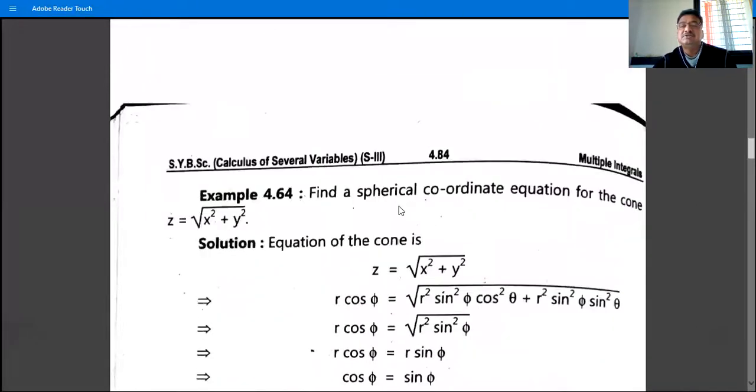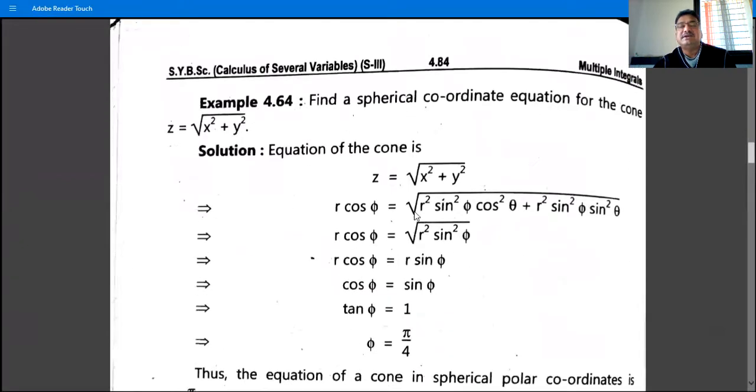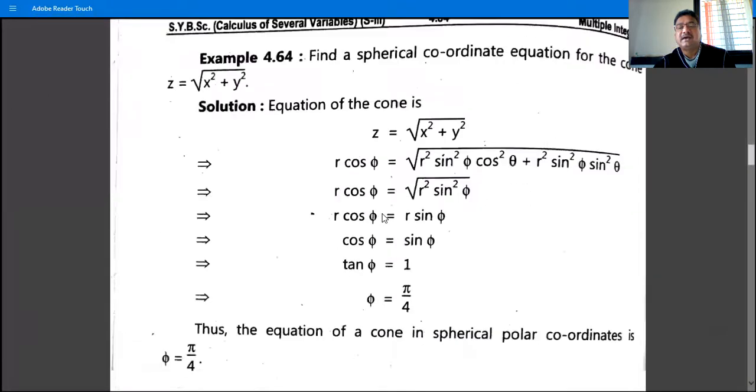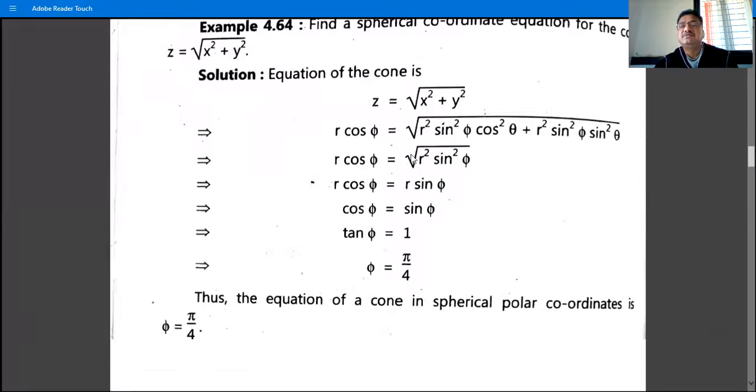Next example, find the spherical coordinate equation of the cone. That is, substitute x, y, z with these values in spherical polar coordinates. So we have r cos phi is equal to the root of r square sine square phi cos square theta plus r square sine square phi sine square theta. Then take r square sine square phi as common. Cos square theta plus sine square theta is 1, and then its root is r sine phi.